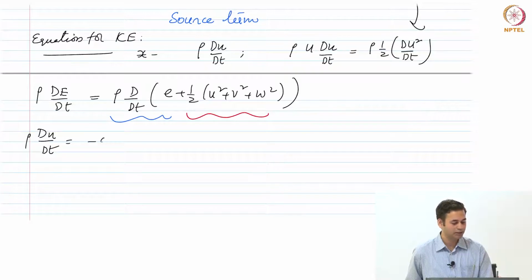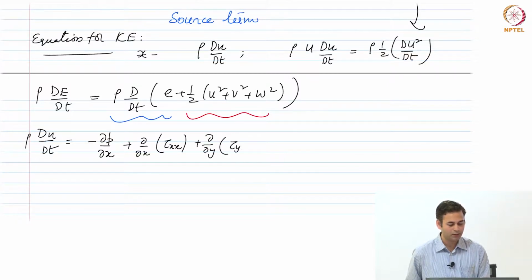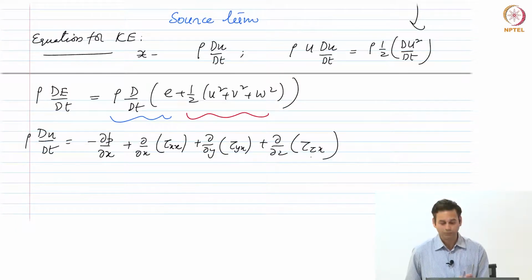That is minus partial p partial x, plus partial x of tau xx, plus partial y of tau yx, plus partial z of tau zx, plus we had some source term that we wrote as Smx. So this is our momentum equation in the x direction.